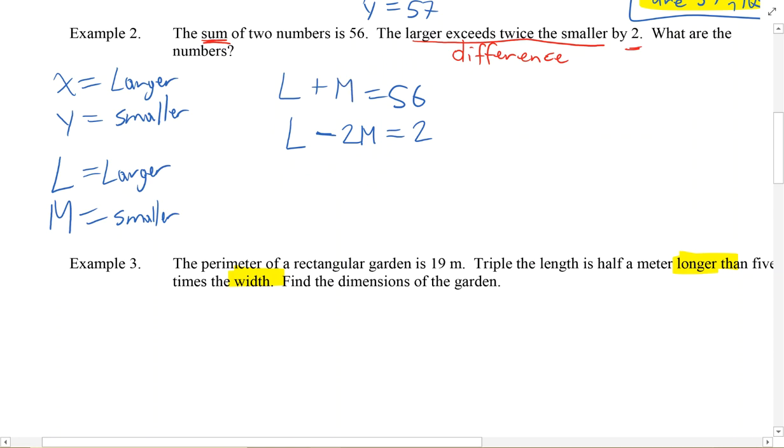Okay? All right. Do you guys want to do substitution or elimination? Go for it. Solve it. Go. Quick, quick, quick. Quick like a kitty cat. Let's go.